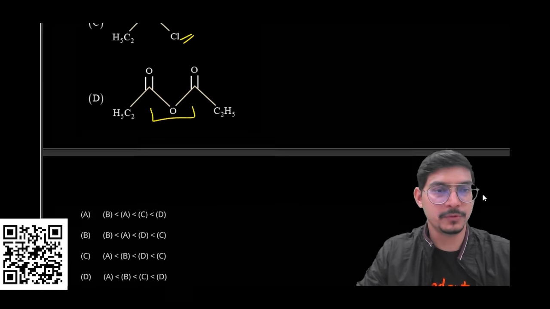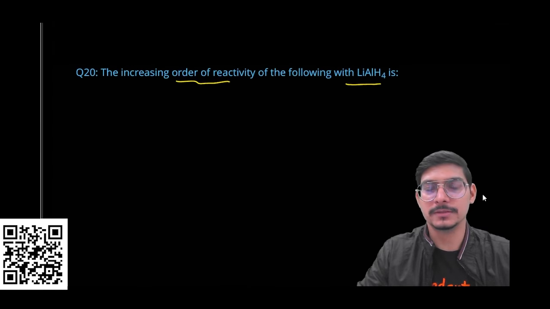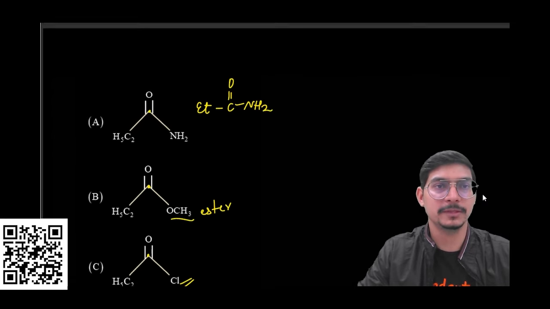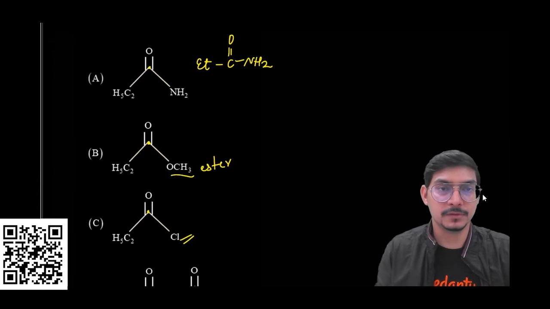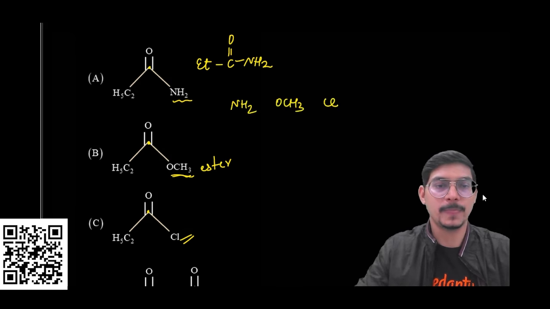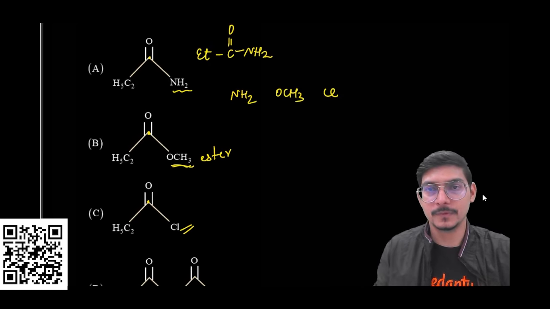We are given four options after that, and we have to find out what is the correct increasing order of the reactivity of these compounds with lithium aluminum hydride. The reaction with lithium aluminum hydride is nucleophilic because lithium aluminum hydride provides hydride ion, which is a nucleophile. So we have to basically see the leaving group ability of the groups attached to the carbonyl carbon in these derivatives. These groups are NH2, OCH3, Cl, and in the last case, this would be OCOEt, right?